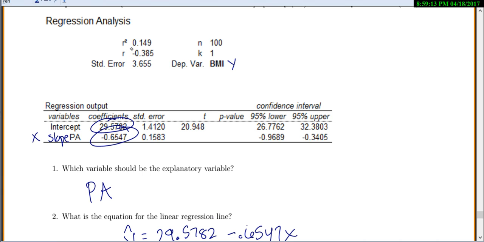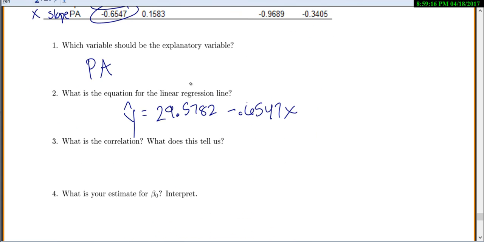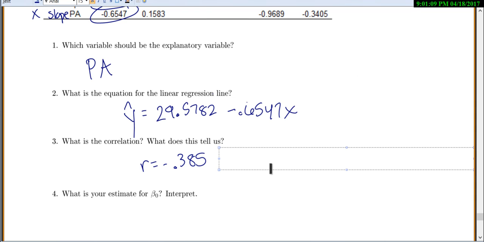Okay, so come up until you see R, negative 0.385. Now a correlation of negative 0.385 means that this is a negative correlation. So it's a negative linear relationship. And it's a lot closer to 0 than negative 1, so I say this is a fairly weak relationship.